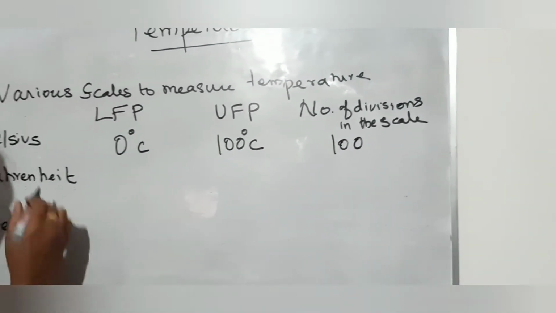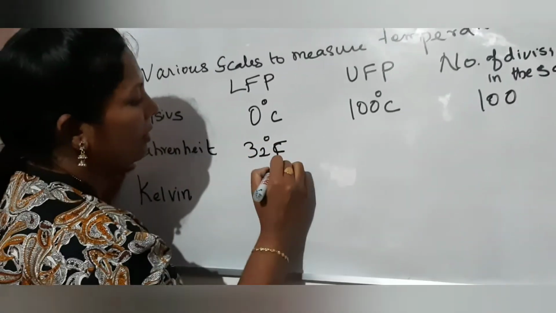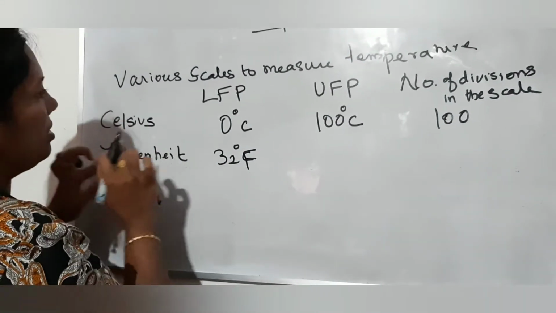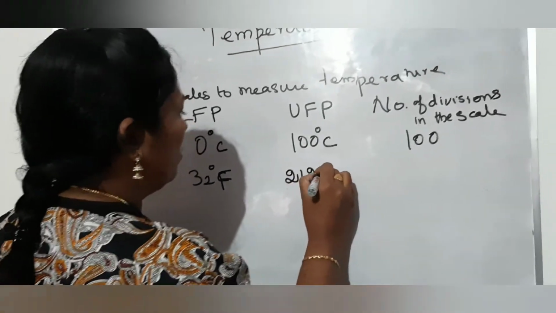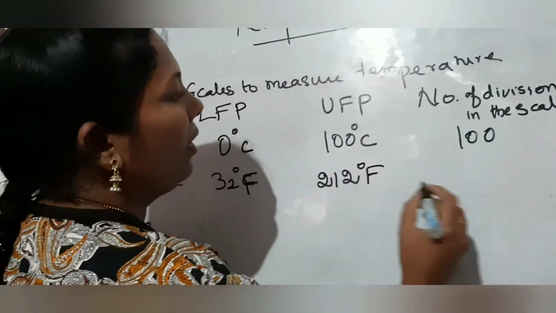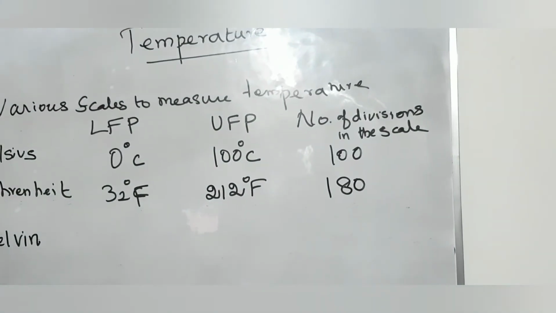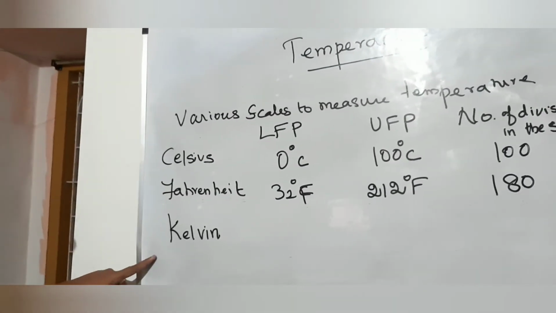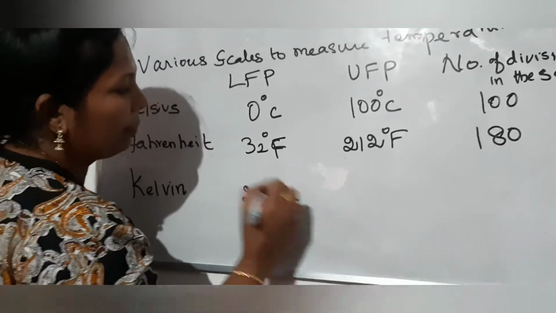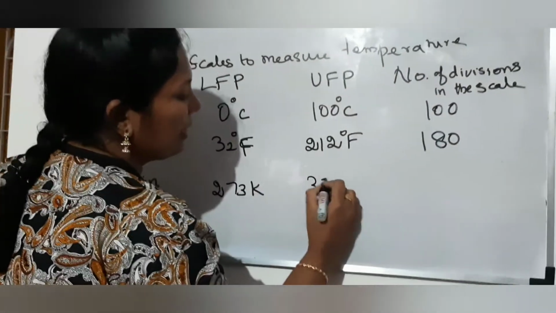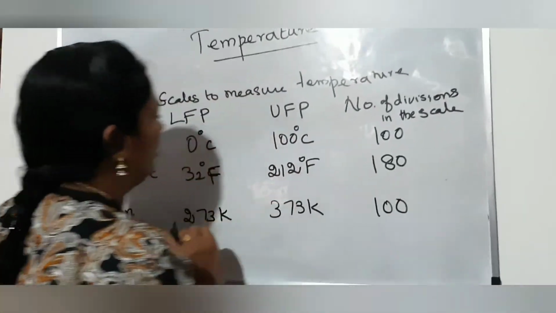In Fahrenheit scale, the LFP is 32 degrees F. UFP is 212 degrees F. And the number of divisions in the scale is 180. In Kelvin scale, the LFP is 273 K, UFP is 373 K and the number of divisions in the scale is 100.